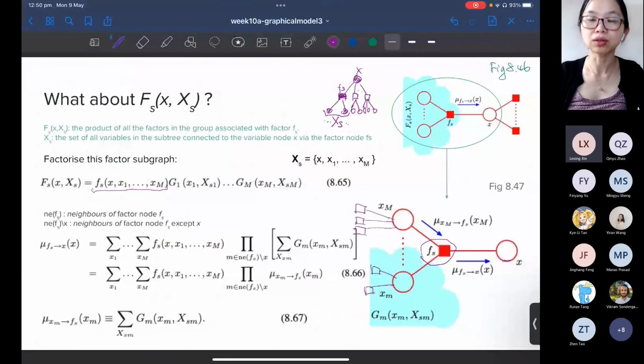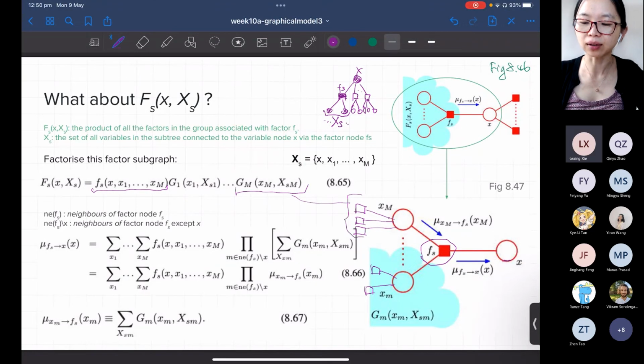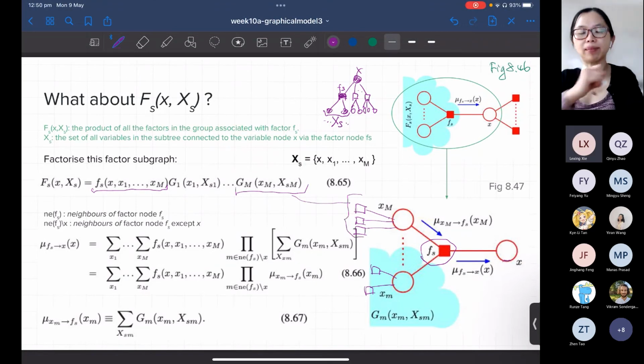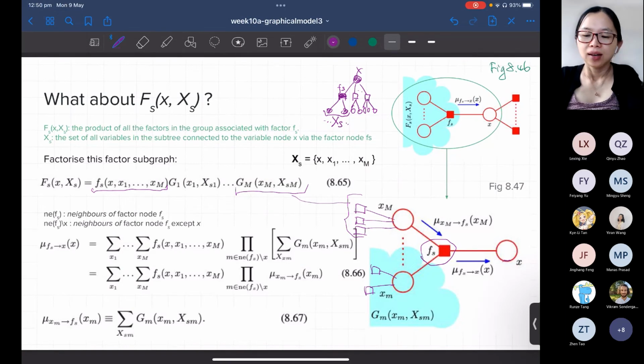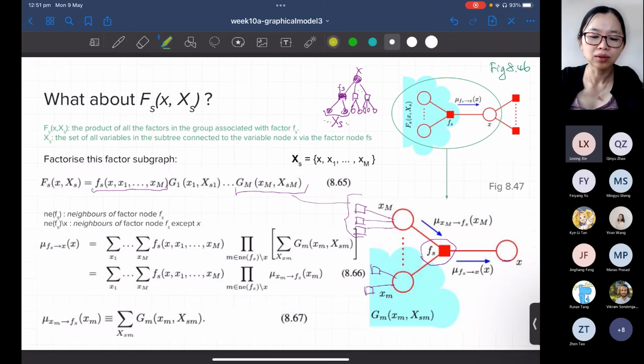So we use the notation G_m to denote all the factors connected to node m. And we need some more of these bit cumbersome but necessary notations. So we have the neighborhood of f_s, which should be intuitive, which refers to the nodes on the left of f_s, plus x itself.